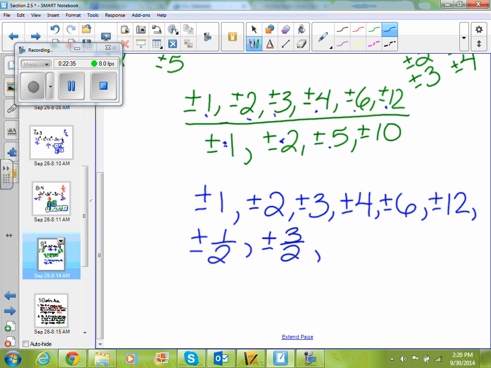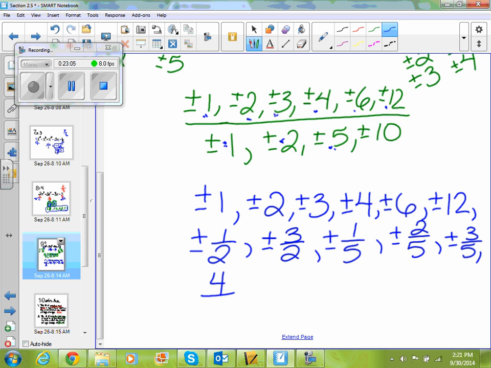Moving on to my divided by 5 term, 1 divided by 5 is 1/5, so I get positive or negative 1/5. 2 divided by 5 is 2/5, so positive or negative 2/5. 3 divided by 5 is 3/5, so positive or negative 3/5. 4 divided by 5 is 4/5, so positive or negative 4/5. 6 divided by 5 is 6/5, so positive or negative 6/5.